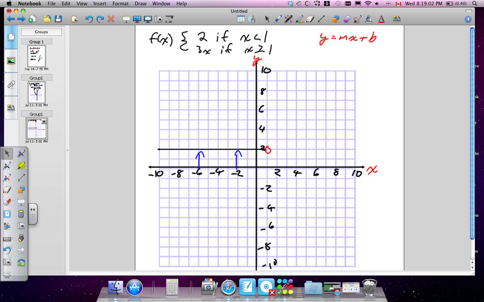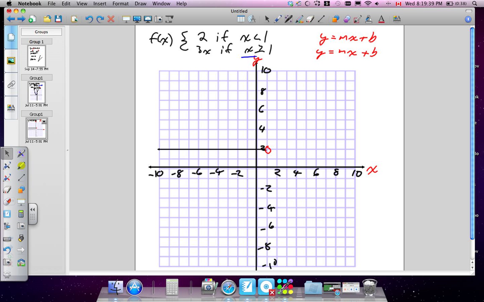Okay? The other thing they've done is, again, they've given us a linear function, y equals mx plus b. But this time, they've given us 3x and there's nothing to the side of it. So we can assume technically there's no y-intercept here. But what they are saying is that 3x only exists from the actual point of 1 and beyond.